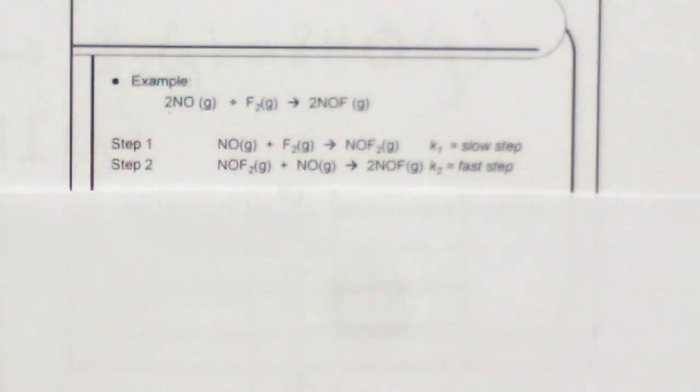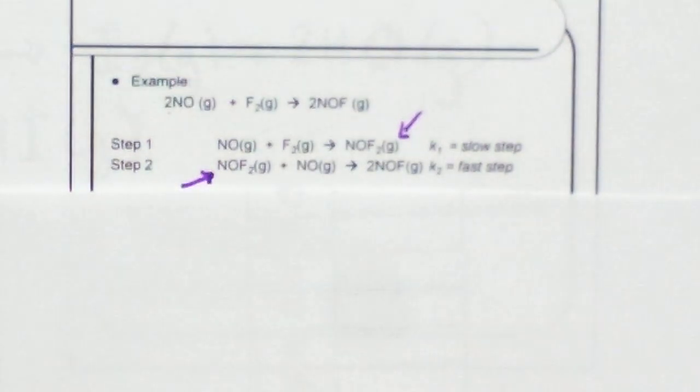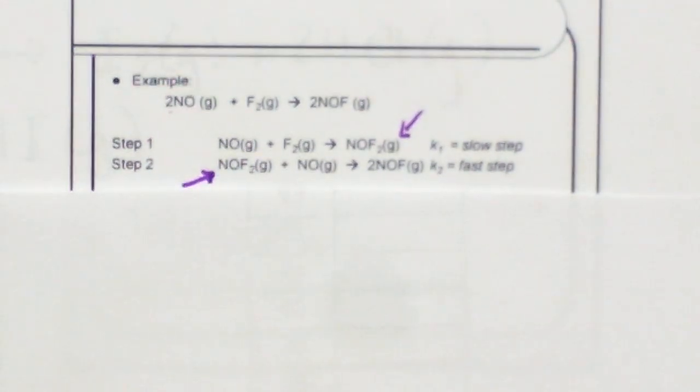Now, one thing that you want to pay attention to here is there is an intermediate here. Okay? Here's the intermediate. The intermediate came out as a product in the first step and then was used up as a reactant in the fast step.